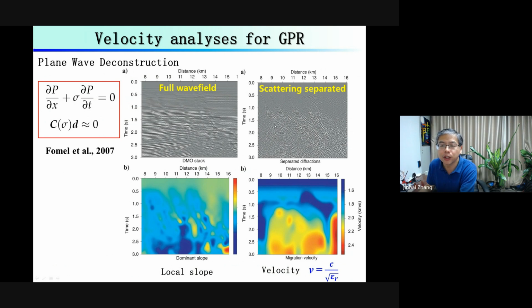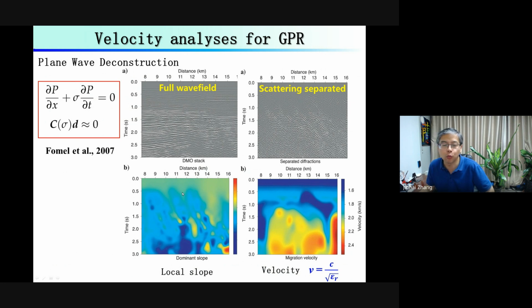If we are using a true or accurate model, we can make sure the hyperbolas can be focused. That means we can have a point from the reflector. So by tuning the model, we can obtain a very good estimation of the model.